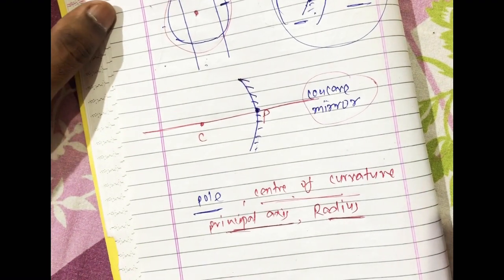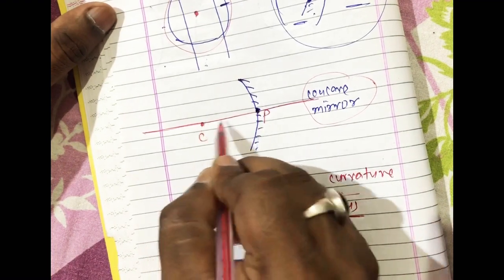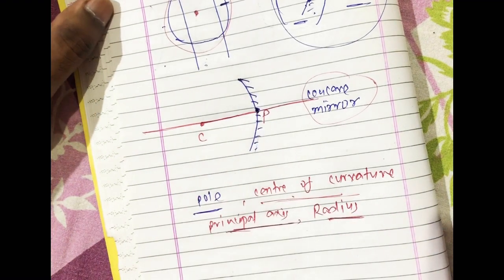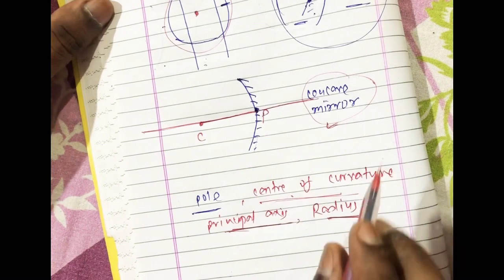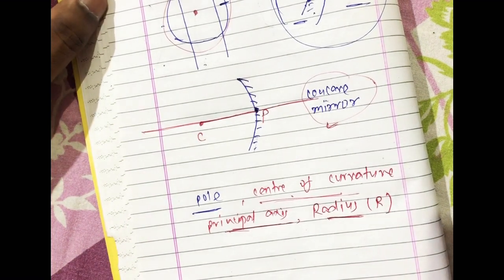The radius of curvature is defined as the distance between the pole and the center of curvature. That is, the distance PC is called the radius of curvature of this concave mirror. Radius of curvature is normally denoted by the symbol capital R.